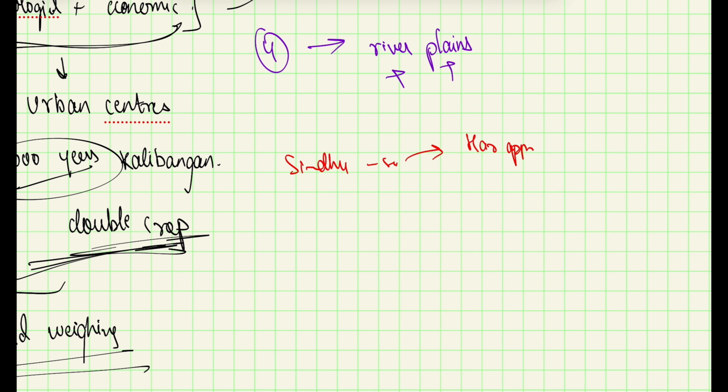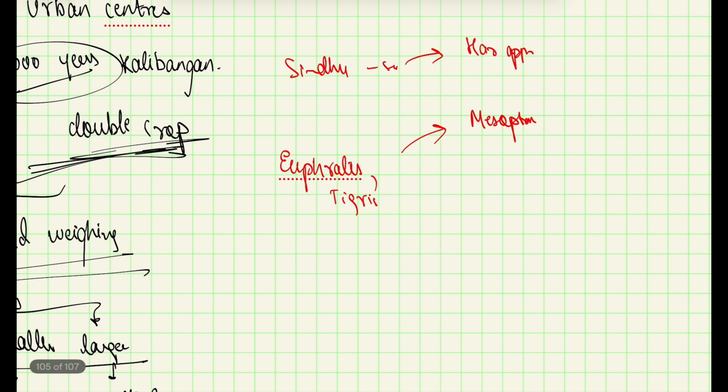And the next one is the Mesopotamia civilization, which was based upon the Euphrates and the Tigris rivers, which is in West Asia.